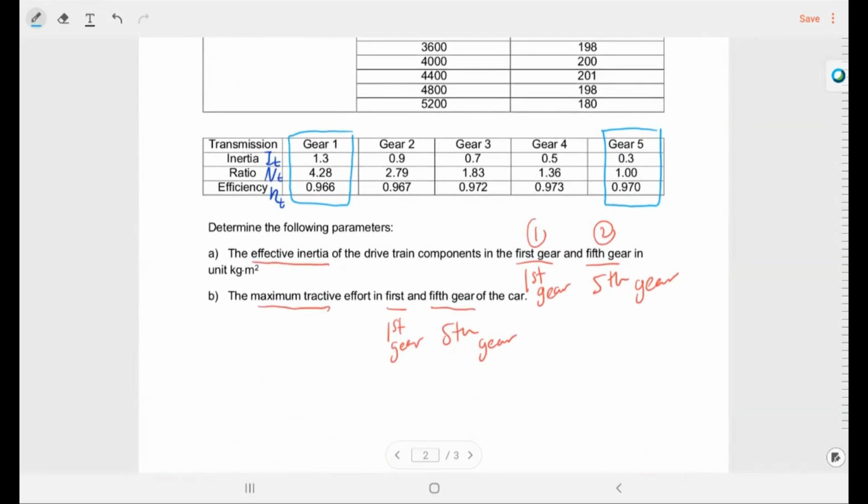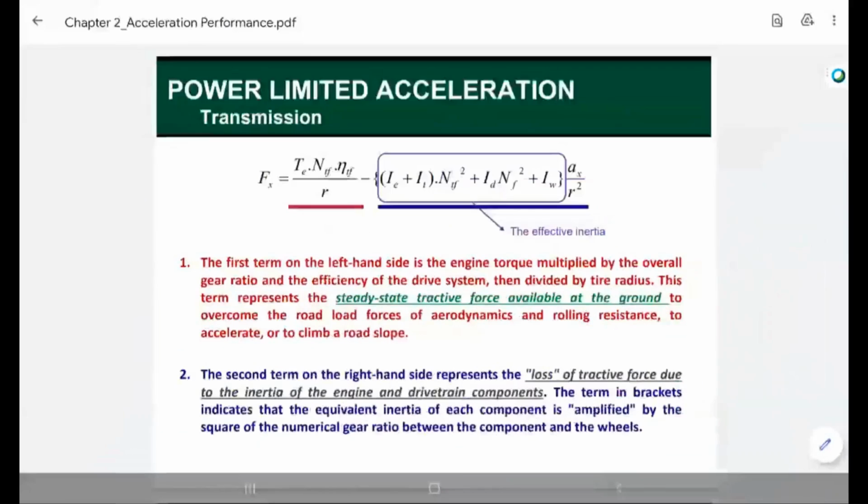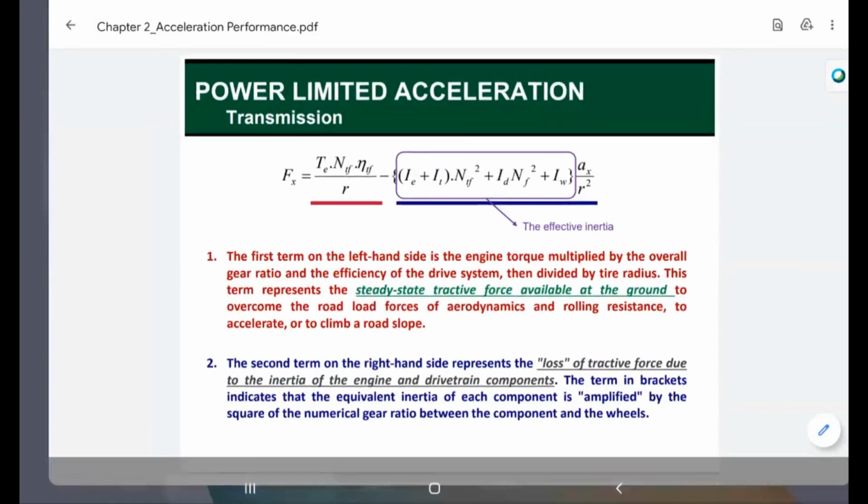So go back to the equation for effective inertia. You use the purple box to solve the effective inertia.